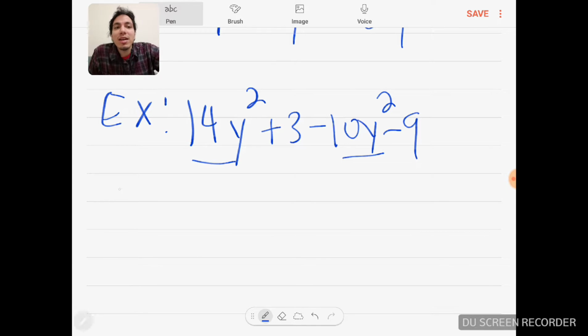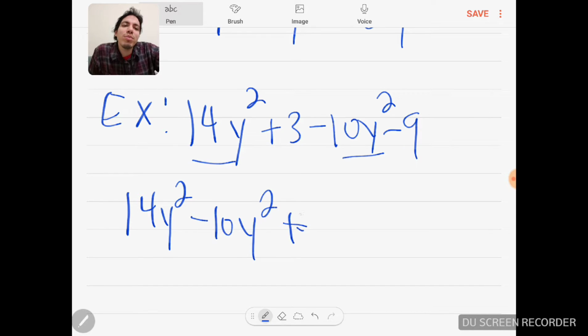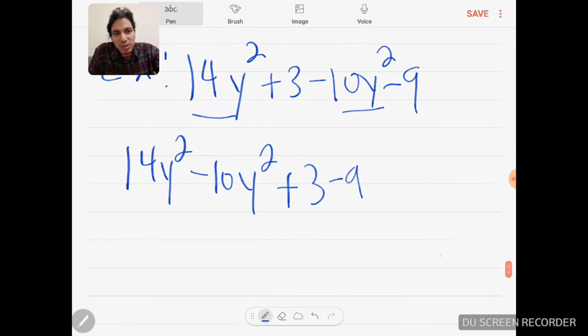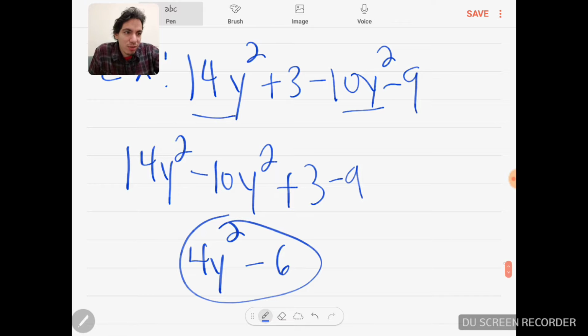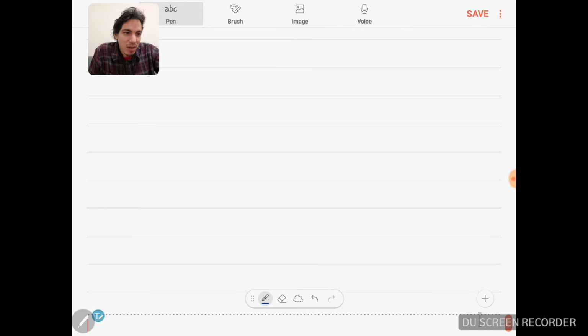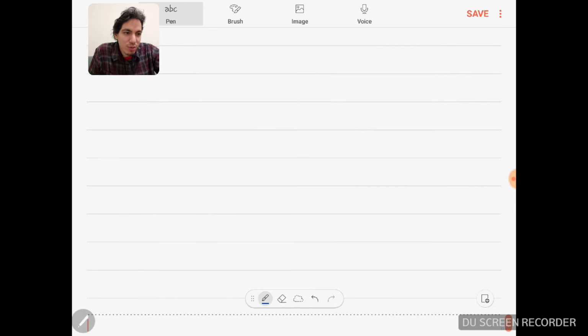And you reorder this as 14y squared minus 10y squared plus 3 minus 9. And then you simply combine. So I get 4y squared minus 6 as my answer for this particular problem.